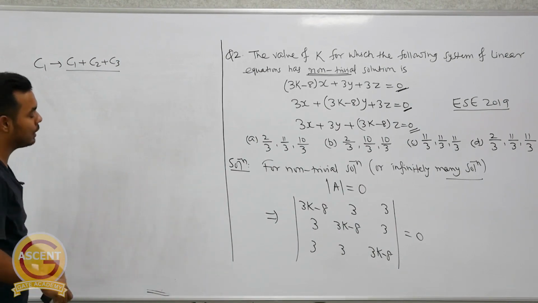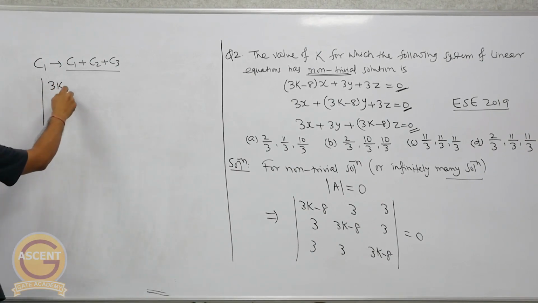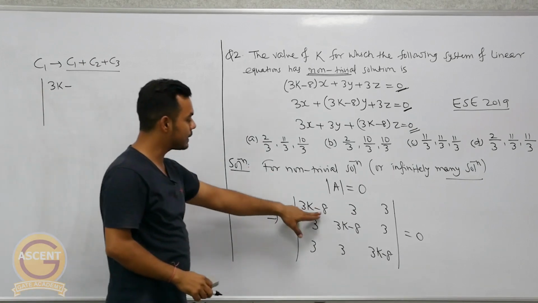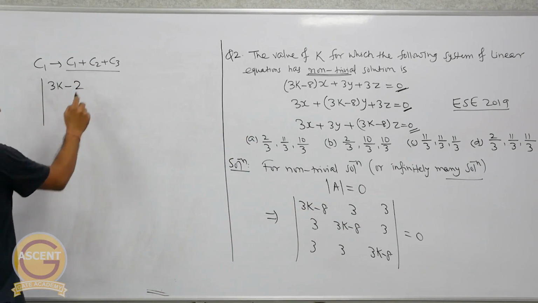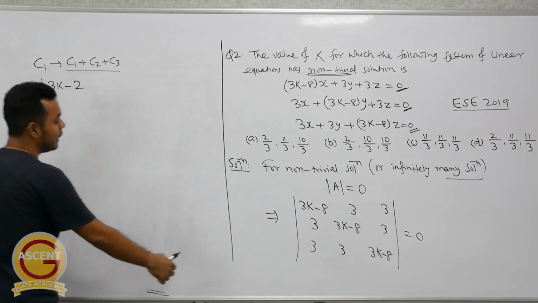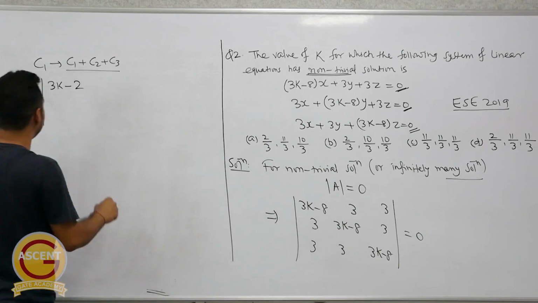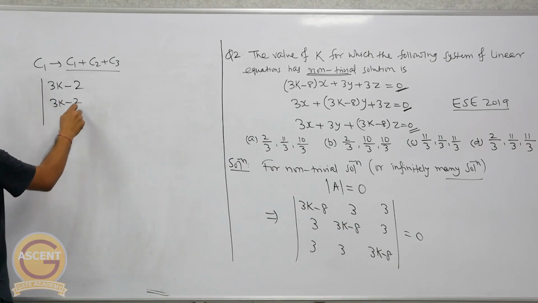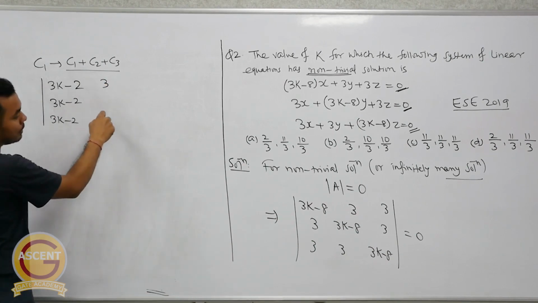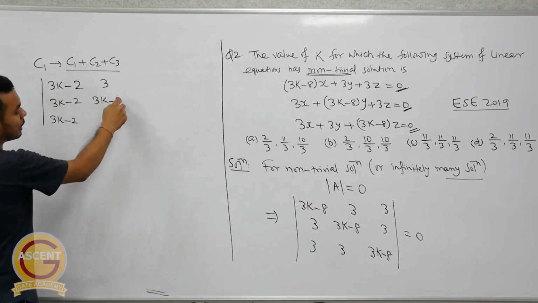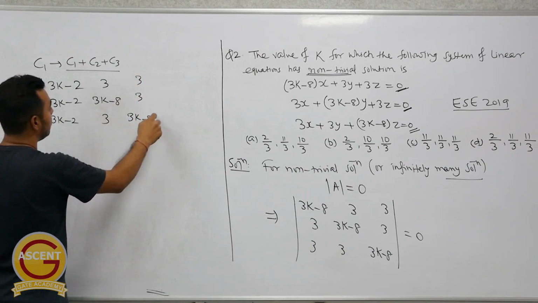So if I add all three columns, I will get 3k minus 8 plus 3 plus 3, so this will be 3k minus 8 plus 6, which is 3k minus 2. Similarly here also I will get 3 plus 3k minus 8, so this will become 3k minus 2, and here also we will get 3k minus 2. Then our second column will be 3k minus 8, 3, and 3k minus 8, and the third column is 3, 3k minus 8, 3 in the same way.